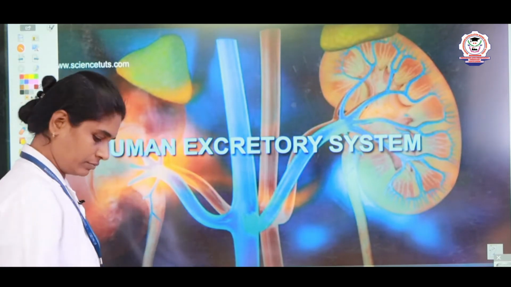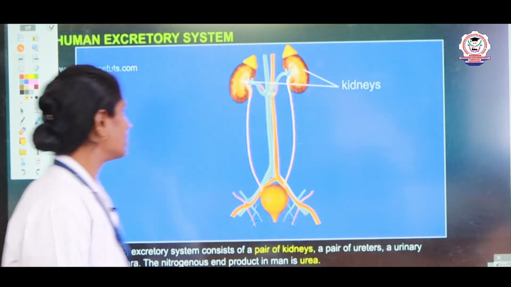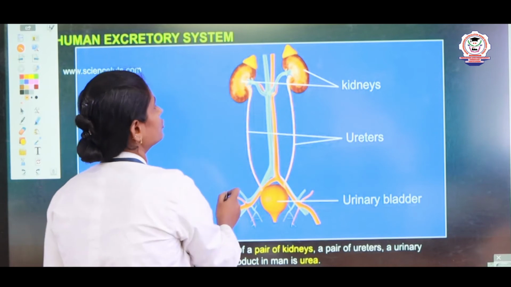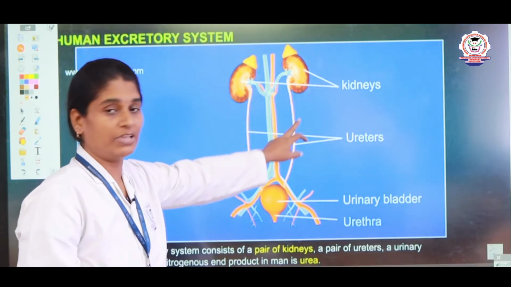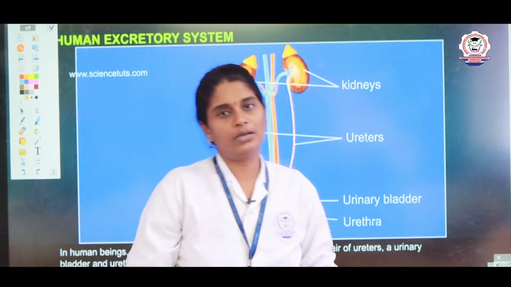Now let us see what the functions of the kidneys are. Here you can see there is a pair of kidneys, two kidneys, present in our abdomen region.